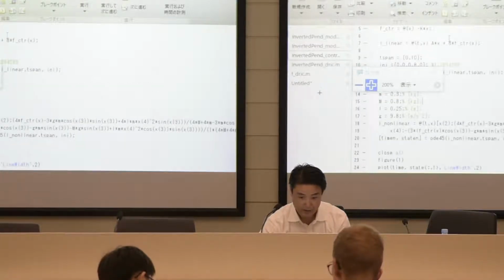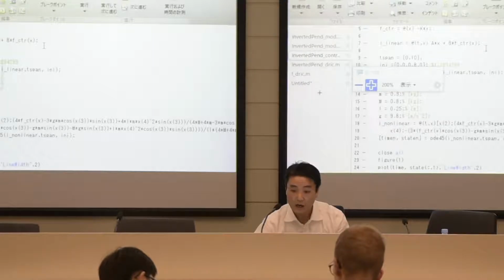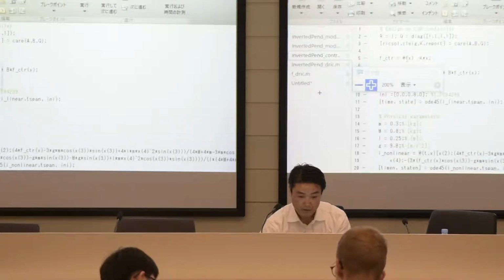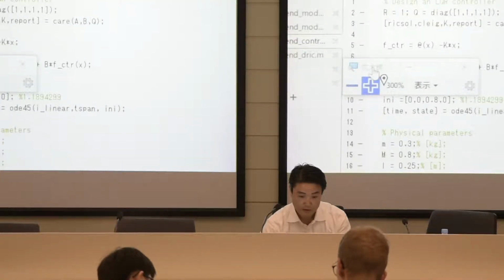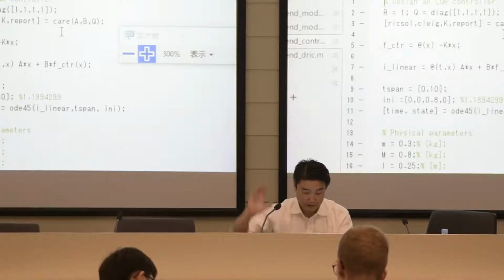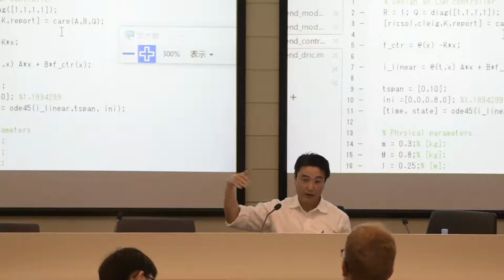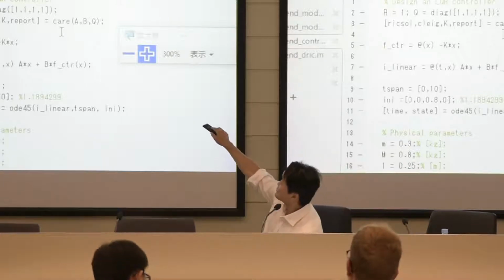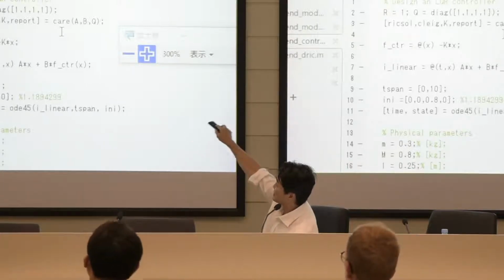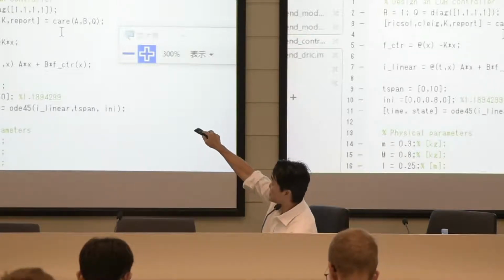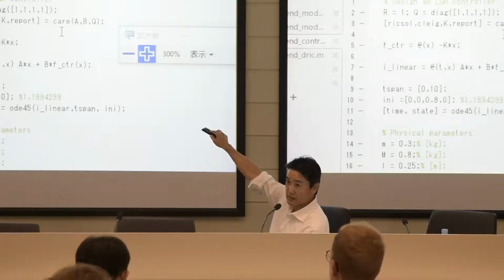And go to the third M file, which is inverted pen control. As I wrote here, first you have to run the first M file. And after this, we compute this. And the LQR control is as simple as this. So define your R, in this case just one scalar, and Q is the penalty on the states.